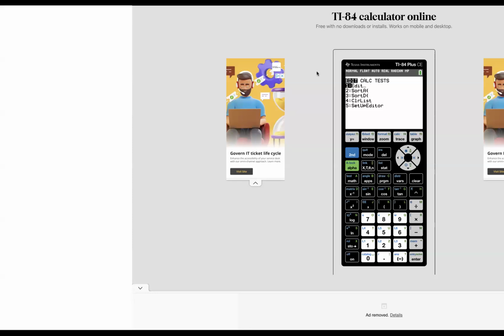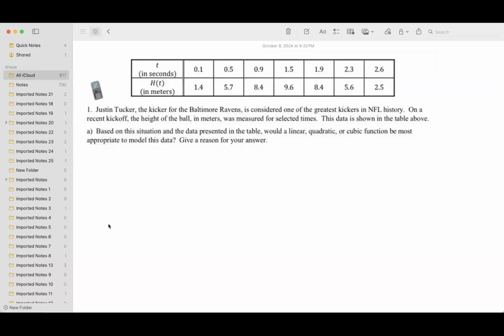Nidhi, do you know how to do it in the calculator? The regression, yeah, we covered this in AP statistics. Yeah, I wrote it down, Auntie.